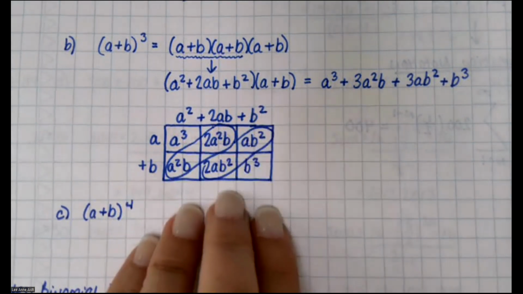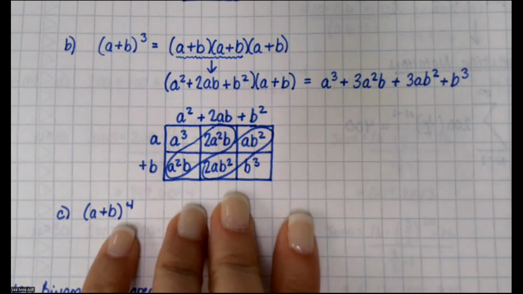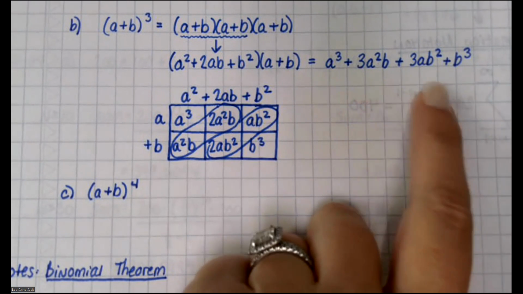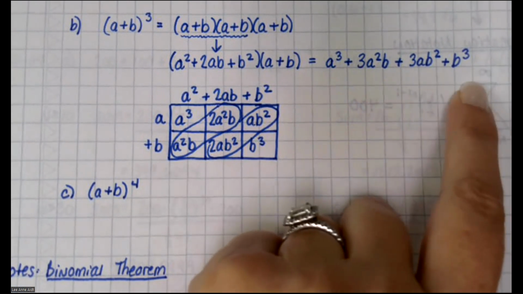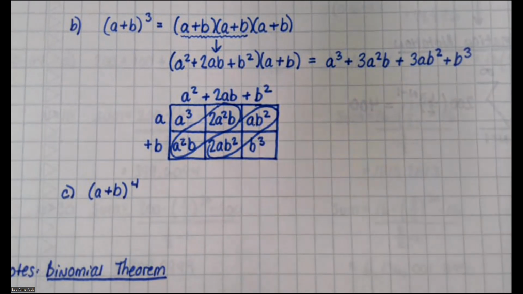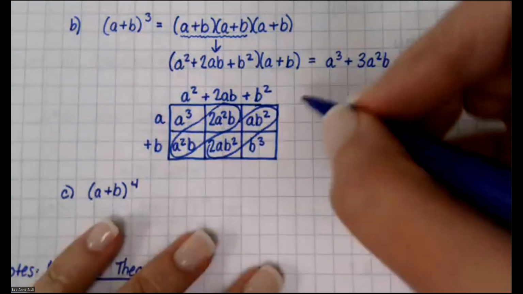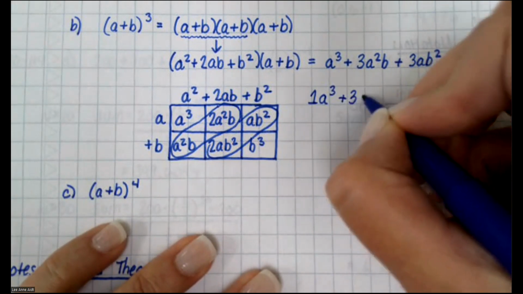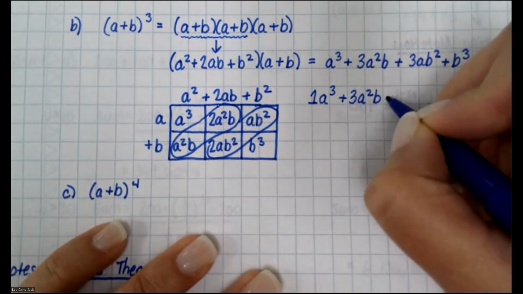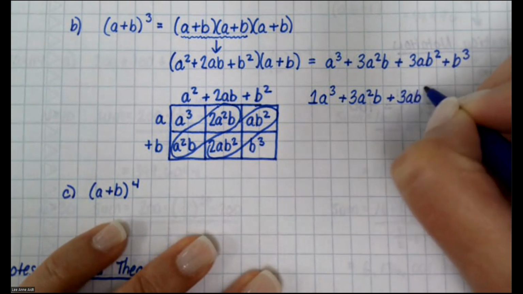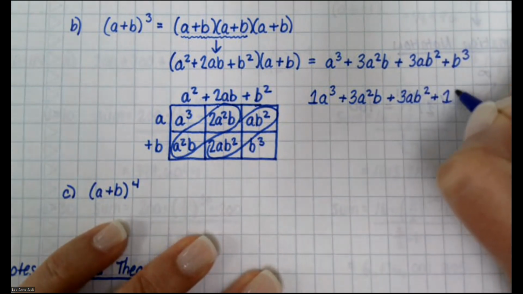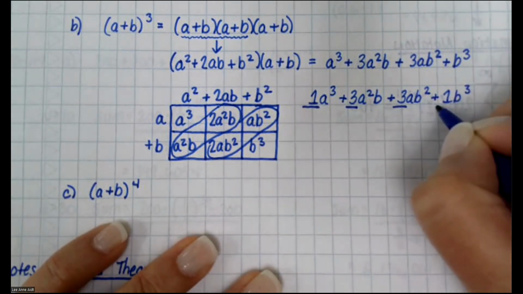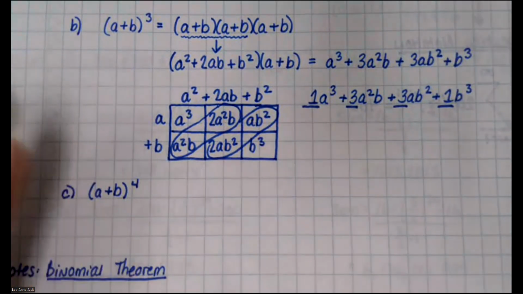Any questions about my expansion using the box? I got a cubed plus 3a squared b plus 3ab squared plus b cubed. Okay, what are the leading coefficients here? Yep, 1a cubed plus 3a squared b plus 3ab squared plus 1b cubed. 1, 3, 3, 1 are my leading coefficients.